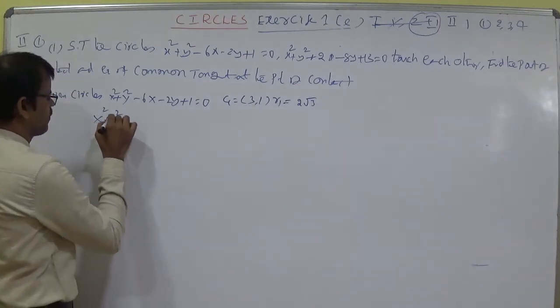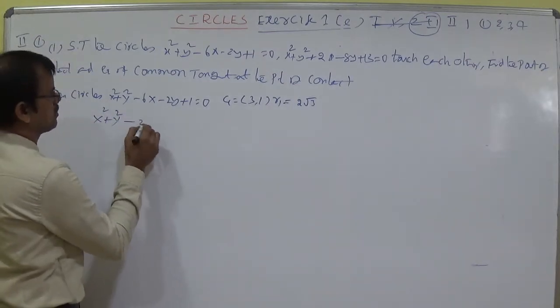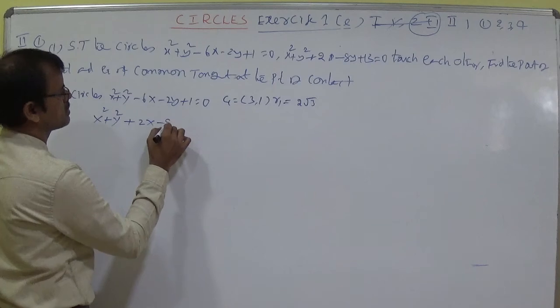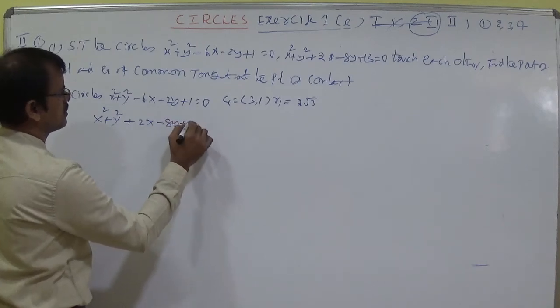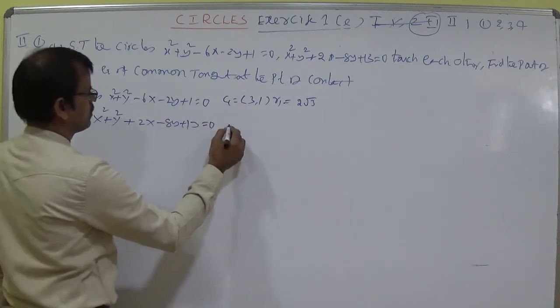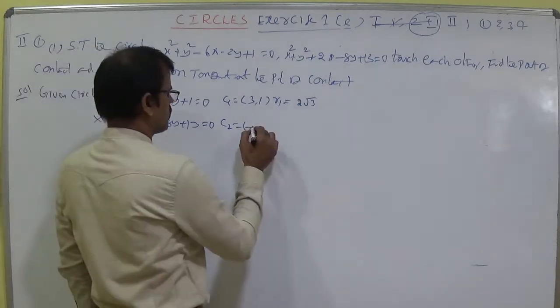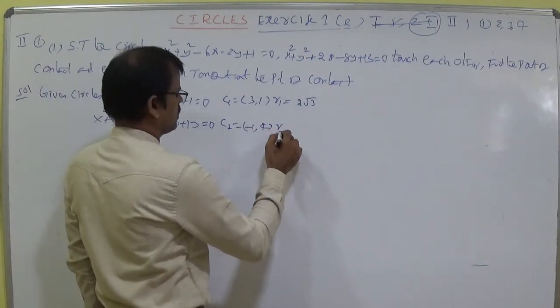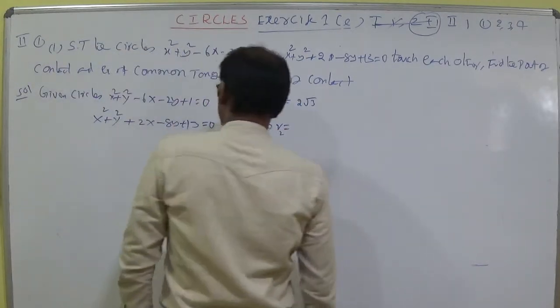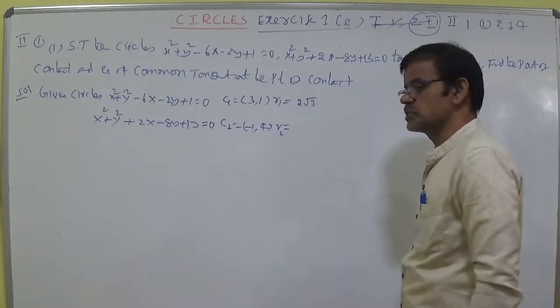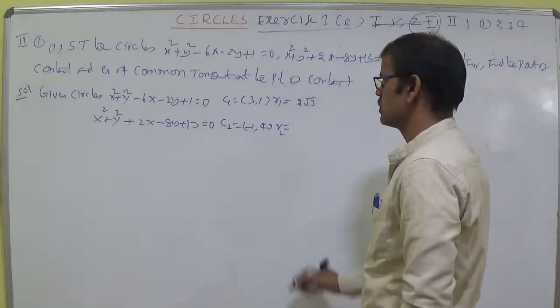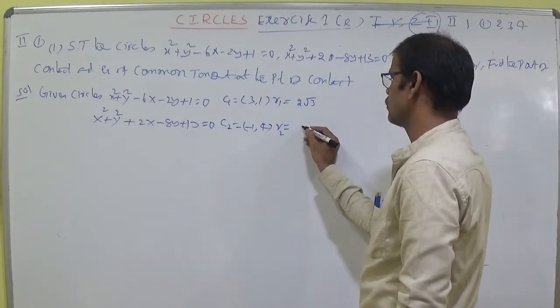Next one, x square plus y square plus 2x minus 8y plus 13 equal to 0. Here C2 is (minus 1, 4) and R2 is equal to root of 1 plus 16, 17 minus 13, 4, root 4.